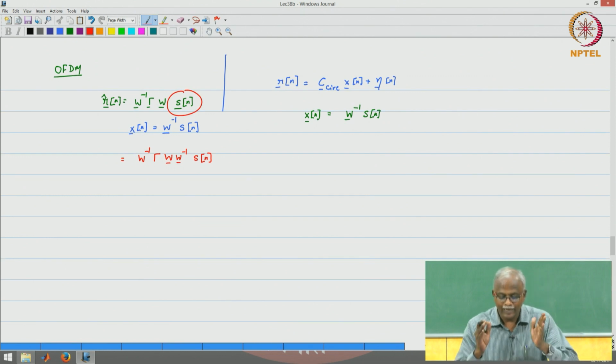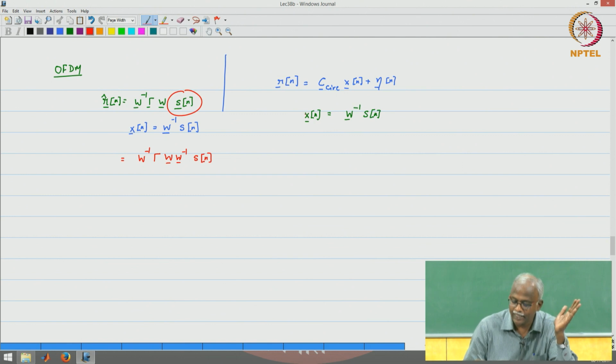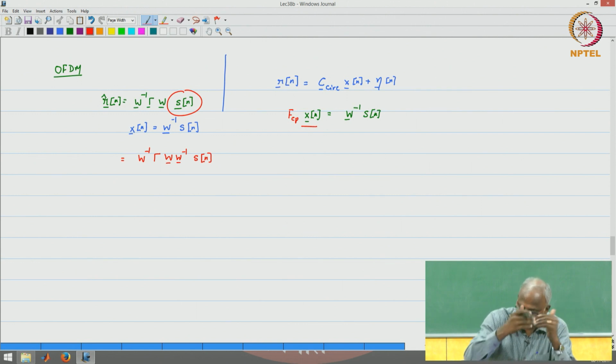Okay, yeah. So S of n is the input. I pass it through the IDFT matrix, I get x of n. I pass this through F_CP and basically get the vector with the cyclic prefix, pass it through the channel. At the other end I have removed the cyclic prefix. So basically the equation that we get is the expression as follows.